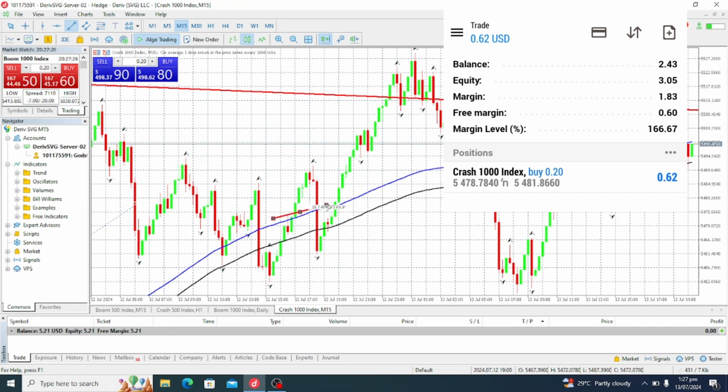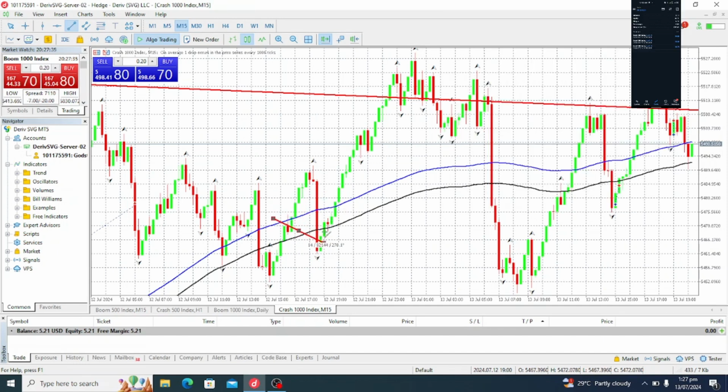So this strategy is simply wait for the market to cross this moving average. If you are taking the buy, you wait for it to cross this moving average. After the close of this bullish 15-minute candle, the next candle is what you'll be taking.